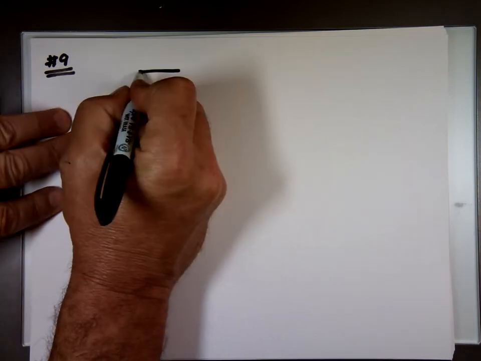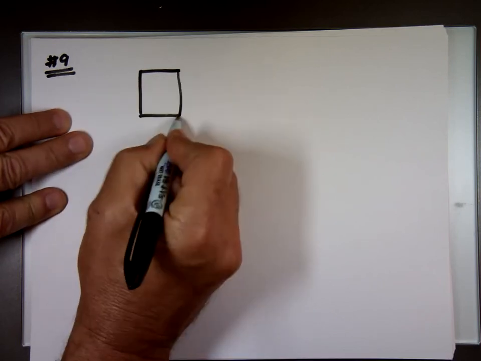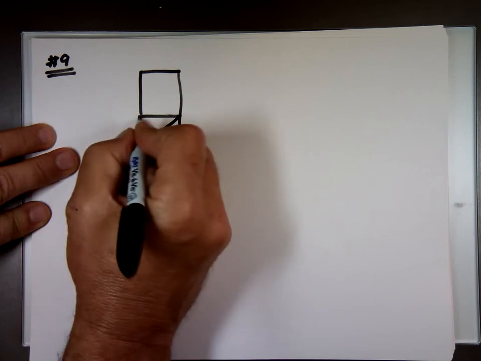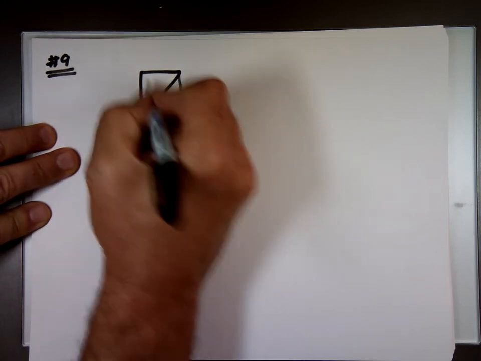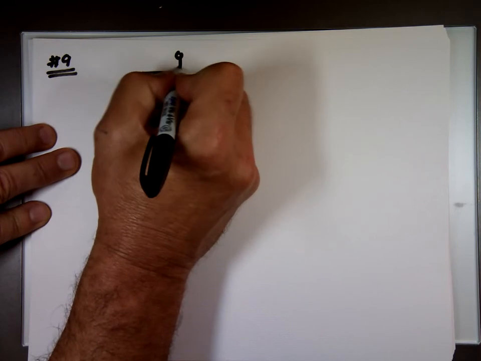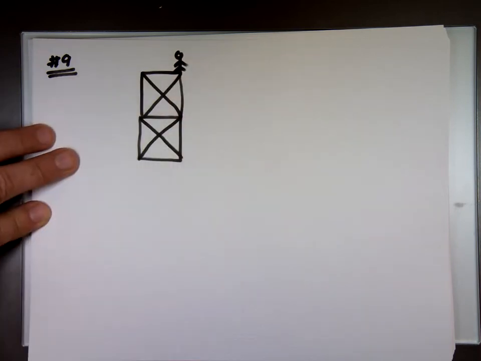A construction worker. We have anyone who works construction here? Here's the picture, it looks like this. The person is standing right here, and they try to move a piece of wood to the top.